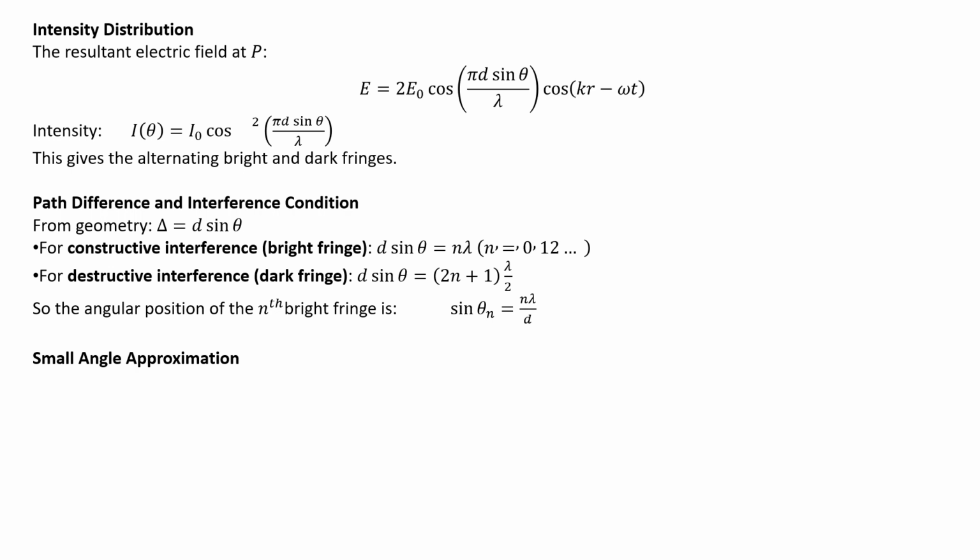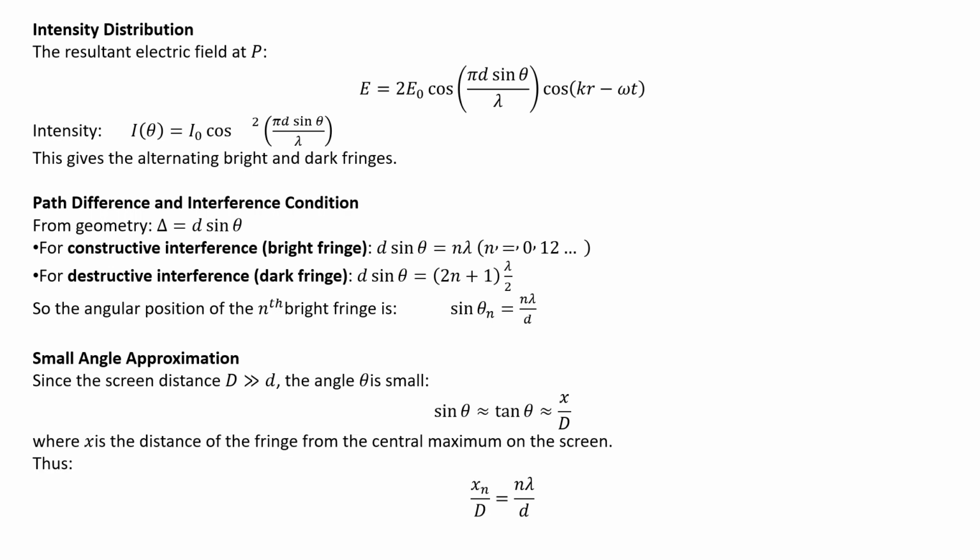Because the slit distance is very small compared to the distance between the slits and the screen, at very small angles sin theta can be converted into tan theta, and tan theta is x upon D, where x is the distance of the fringe from the central maximum on the screen.